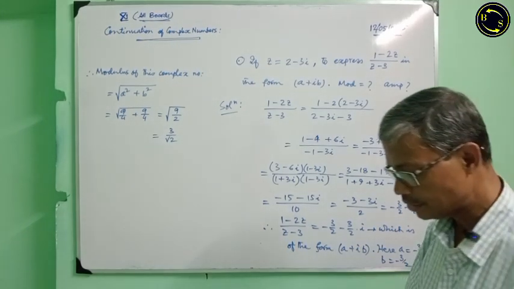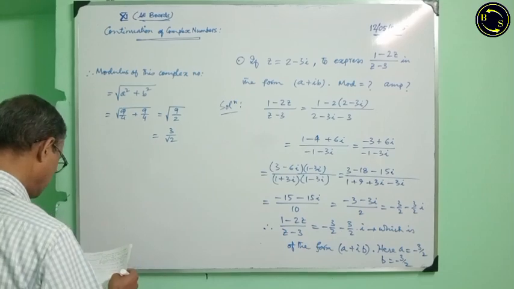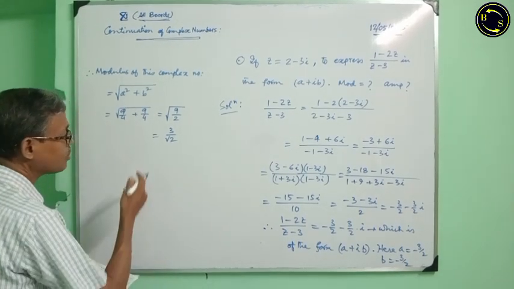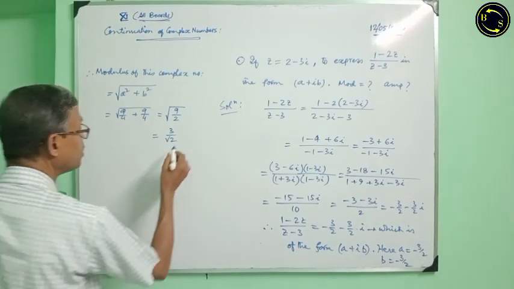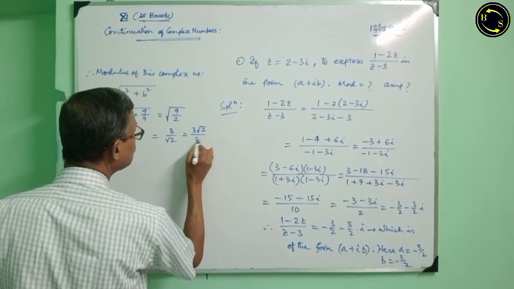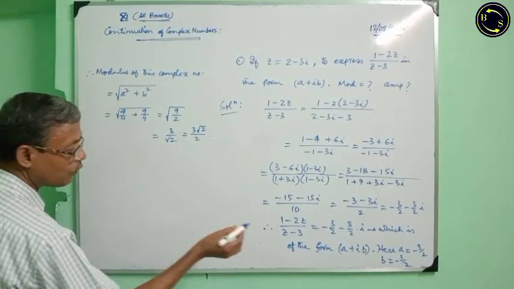You can express that by rationalizing the denominator. That means you can write 3 root 2 by 2.